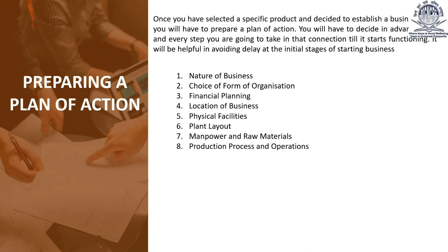Decisions have to be taken regarding plant and machinery and equipment to be provided for the business, building and other physical facilities like water and power supplies, transportation, etc. The factors that may affect the decision in this regard are the size of business, technique of production to be used, availability of funds, etc.